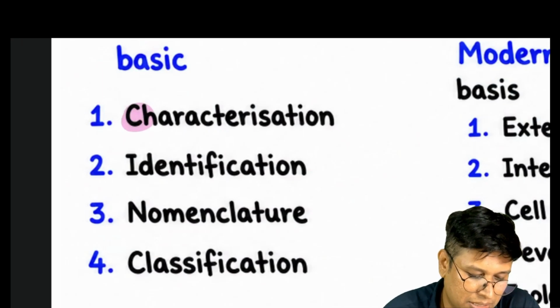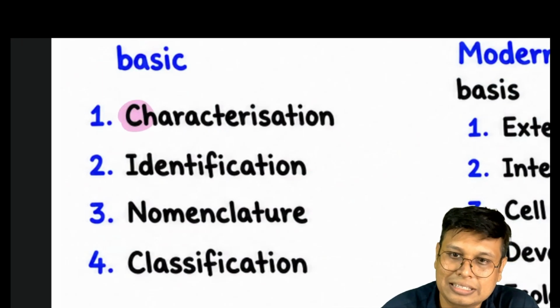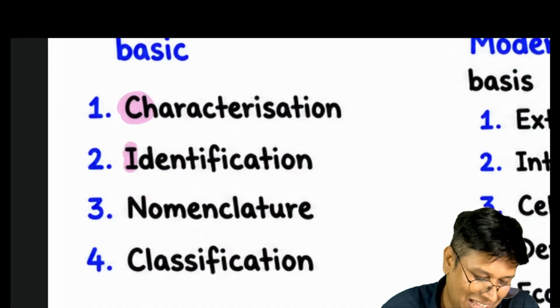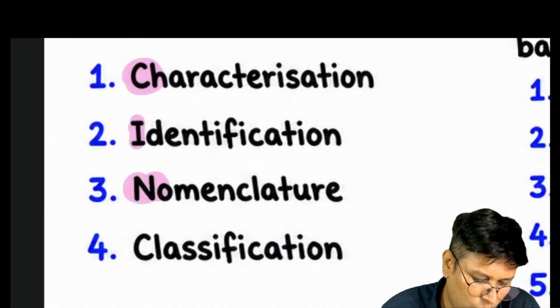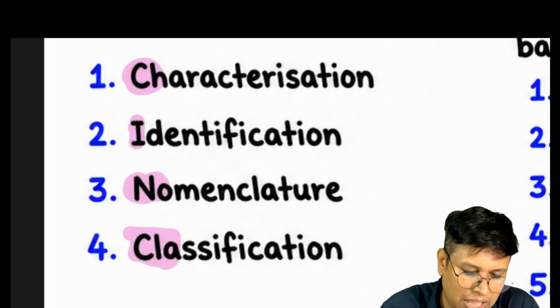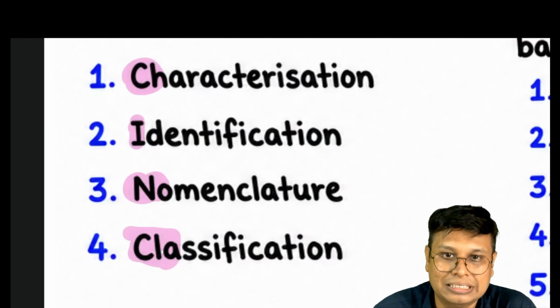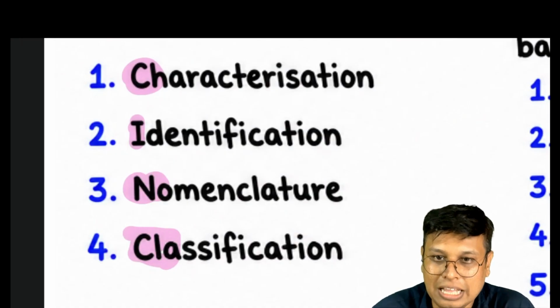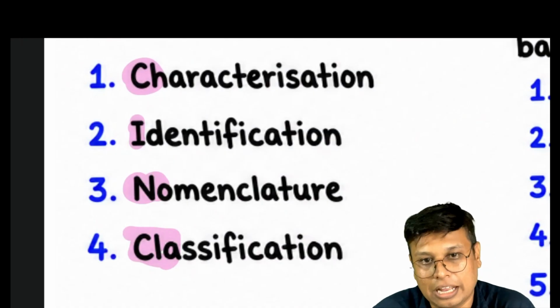Just remember characterization CH, identification I, nomenclature no, and classification cla. So it becomes chinocla. You can remember chinocla. CH for characterization, I for identification, and then nomenclature and classification.